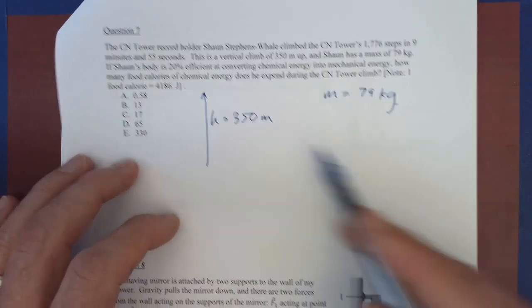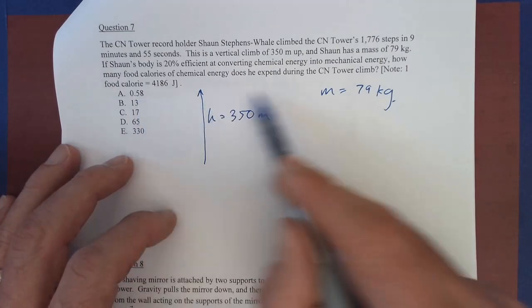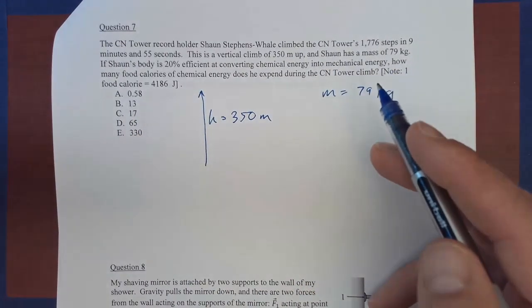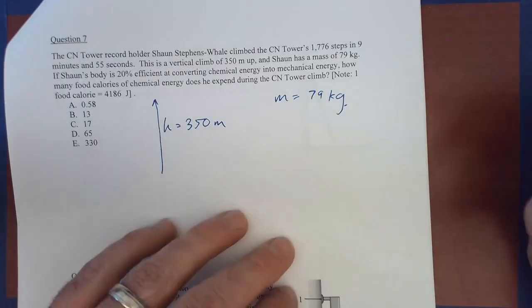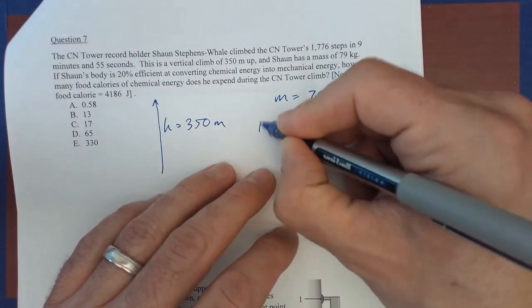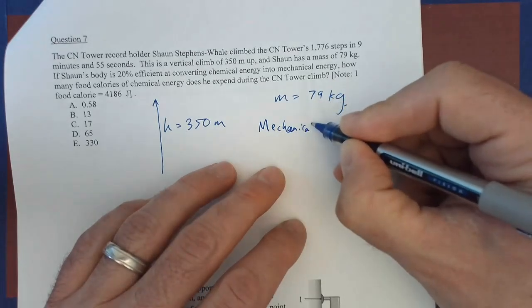Okay. Boy, I hope it's more than 0.58 calories for him to climb this entire tower. I don't know what it's going to be, but let's just work it out. So, mechanical energy is just mgh, right?